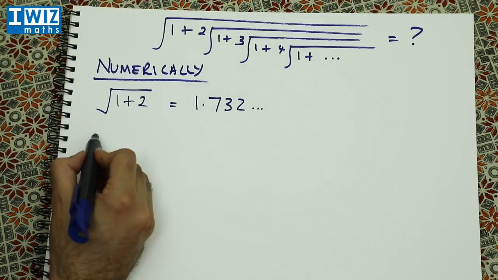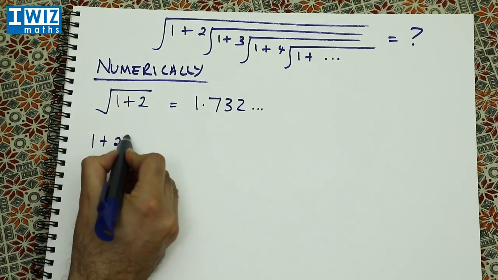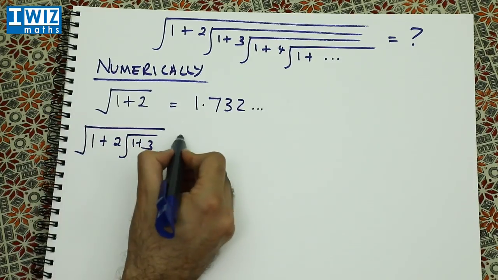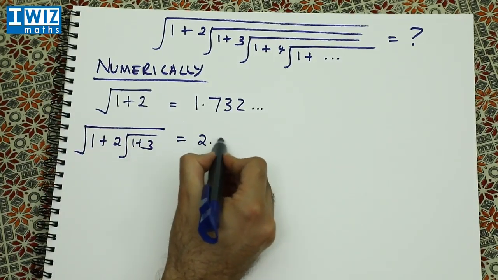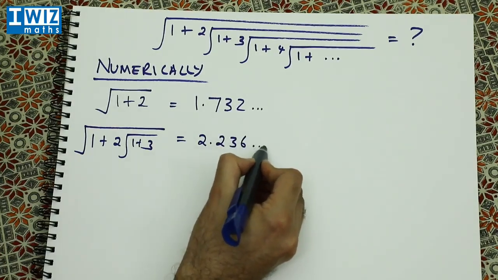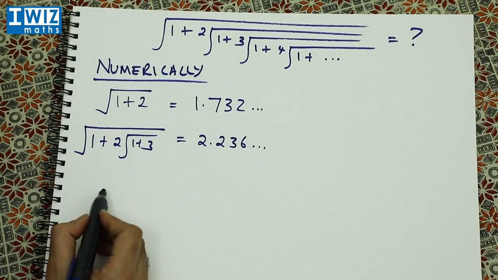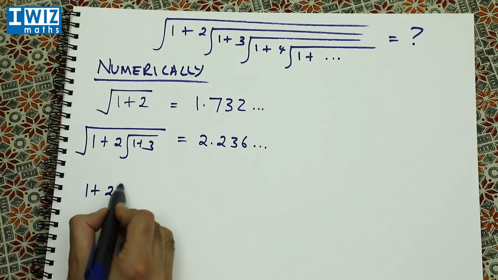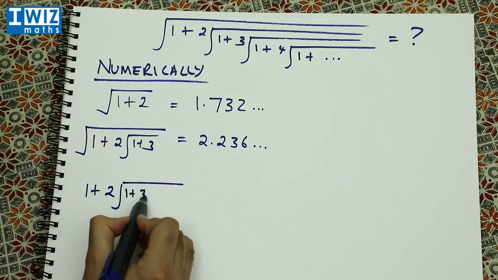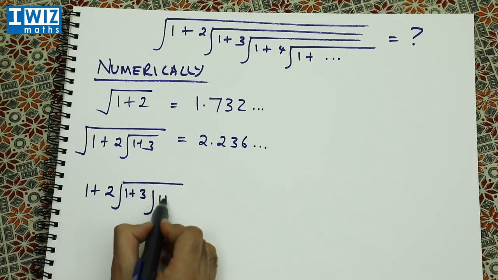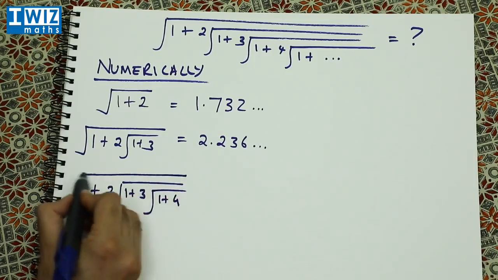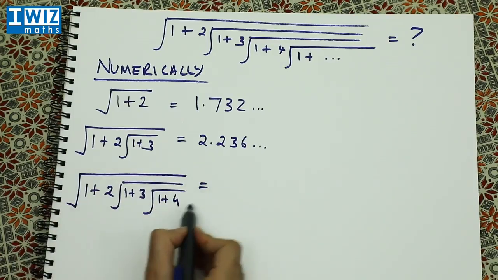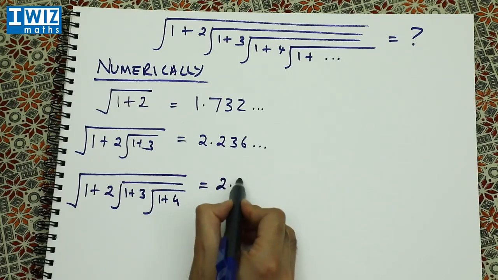If we do 1 plus 2, 1 plus 3 square root and take the square root of that, we'll get 2.236. If we take the next term in as well, 1 plus 2 times the square root of 1 plus 3 times the square root of 1 plus 4, and punch that through a calculator, we will get 2.559.